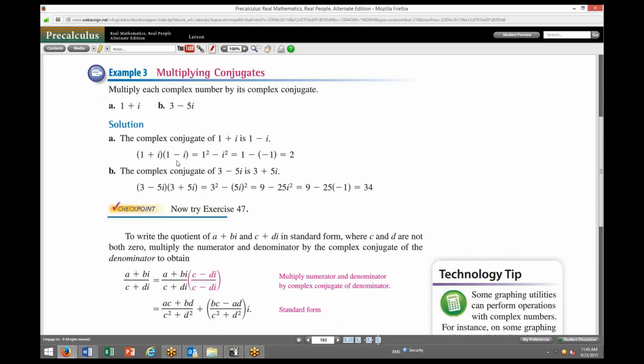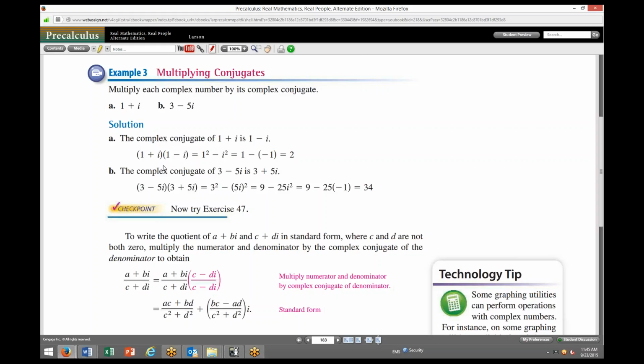Well, using the FOIL method, what do you get? You get 1 times 1, that's 1 squared. And you get i times negative i, which is negative i squared. But the inners and the outers, as the FOIL method calls it, 1 times negative i plus i times 1. That's just negative i plus i. It cancels out to 0.